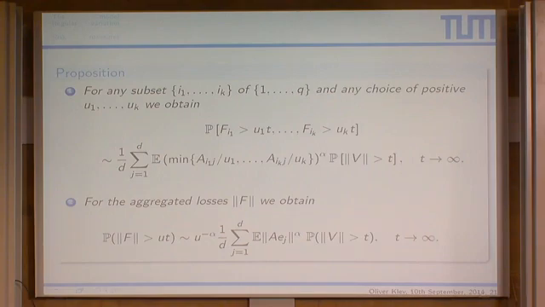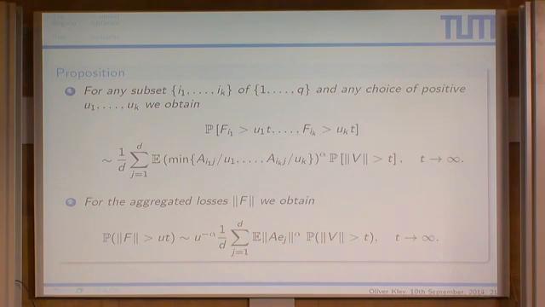Just one more proposition, because we can also determine the probability of joint exceedances in an asymptotical way, independent of the network structure. And we can determine the tail probability of aggregated losses.